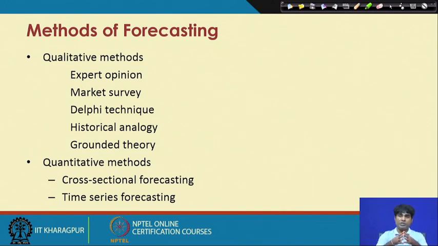So, that is how it is better to know both the qualitative structure and quantitative structure and do the kind of forecasting as per the requirement of a particular engineering problem.